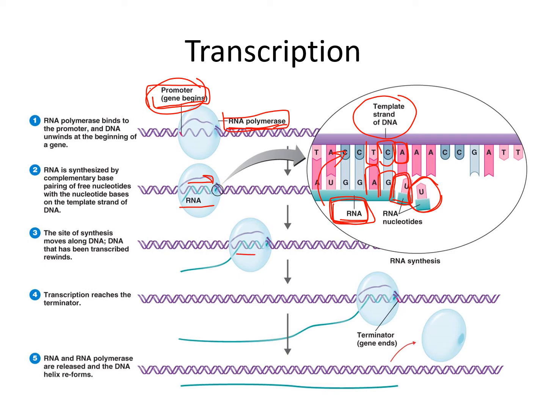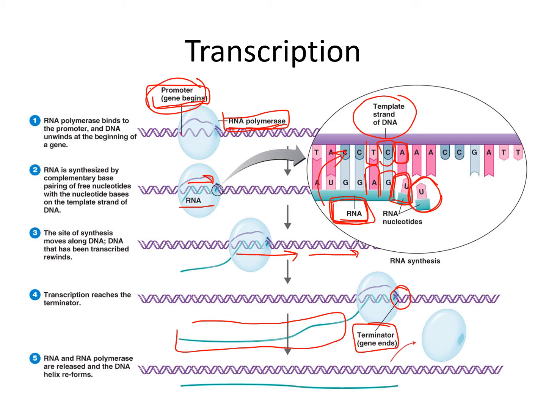And that RNA polymerase will keep sliding along the DNA, transcribing the DNA, creating the mRNA, until that RNA polymerase gets to a special sequence of DNA called the terminator. And the terminator is going to tell that RNA polymerase to stop transcribing the DNA.